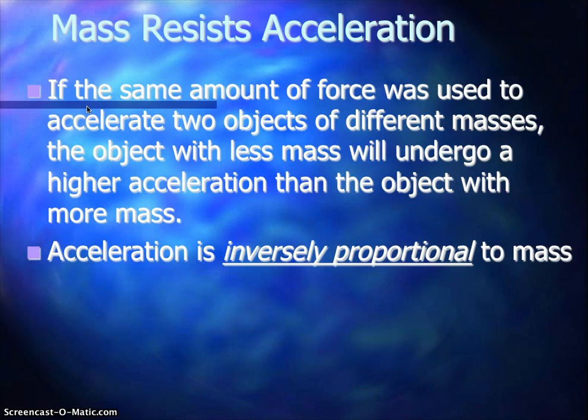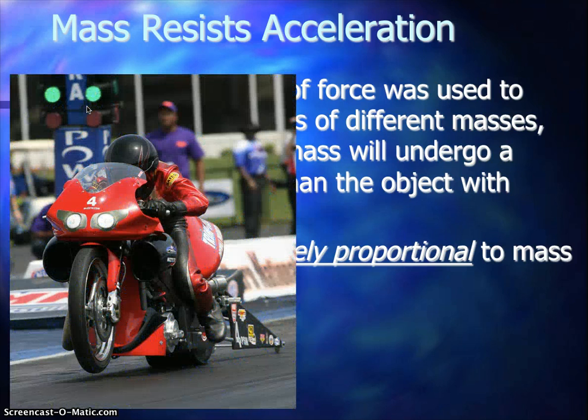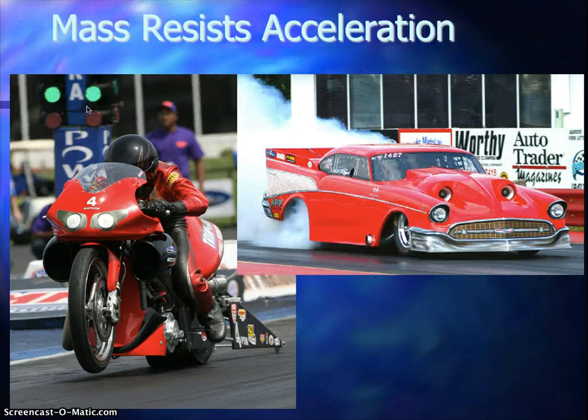So here we have a dragster, a motorcycle, and another dragster. You've got two vehicles, and of the two, it's pretty obvious that the motorcycle will have less mass. Because it has less mass, it will deliver much more acceleration.